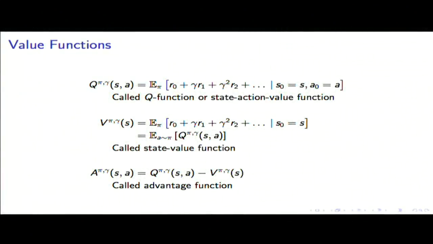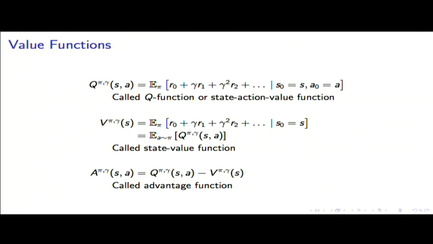Okay, so now we can actually take another view of these policy gradient formulas, where we consider value functions instead of just considering these empirical returns, meaning the sum of future rewards. So let's first review what the value functions are that we're going to be considering. We've got the Q function, or the state action value function.